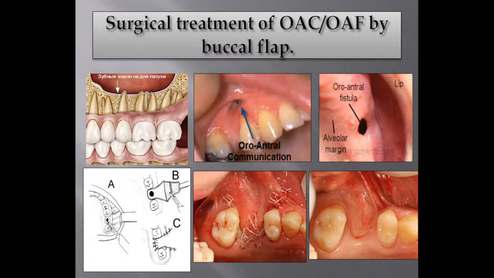And a photo of an oral antral fistula: you can see that it's more than 1-2 millimeters in diameter, and an oral antral communication is smaller in diameter than a fistula.